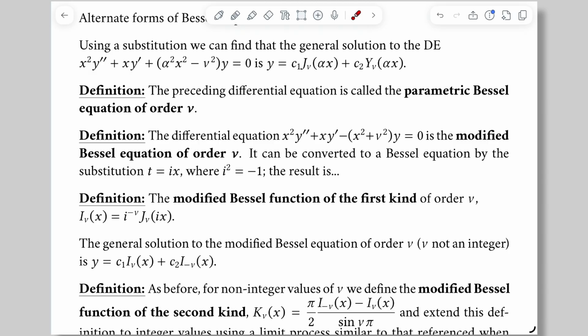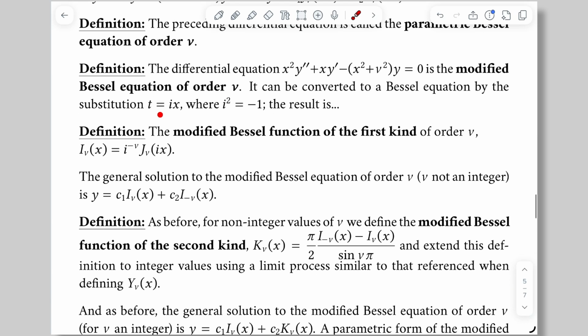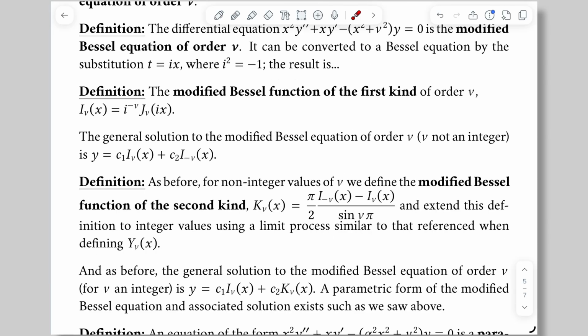Now, if in the y term, instead of having x squared minus nu squared or alpha squared x squared minus nu squared, we have a negative in front of the set of parentheses and x squared plus nu squared, this is called a modified Bessel equation of order nu. A substitution involving the imaginary number i gives us the modified Bessel function of the first kind of order nu.